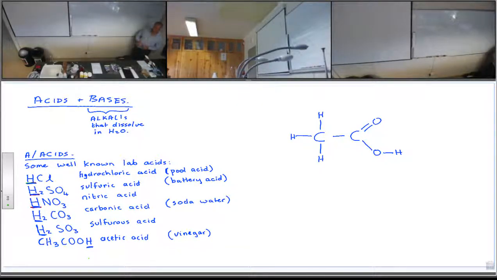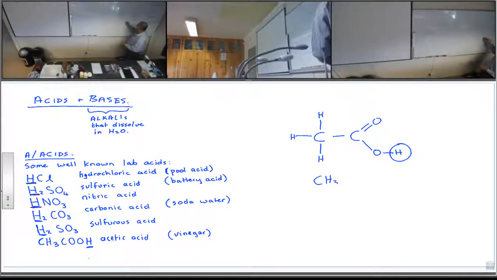Okay. So that is the structure of acetic acid. And the hydrogen, which is the important hydrogen, is that one there. So it is written CH3COOH. CH3CO, that's that oxygen, OH. And this is the hydrogen here.